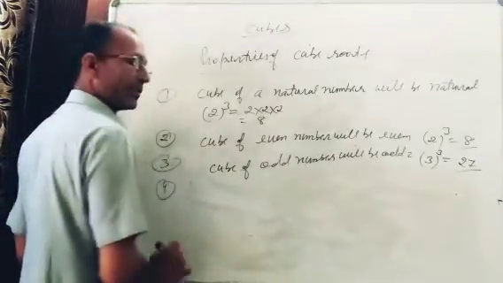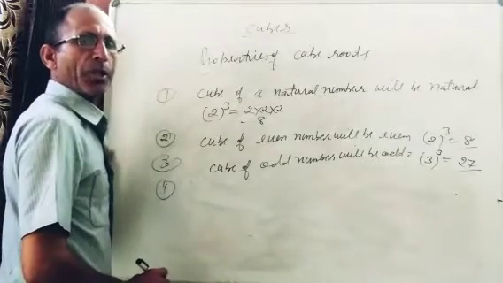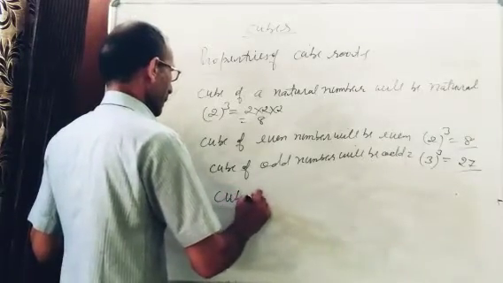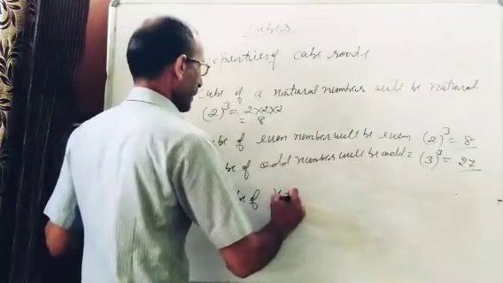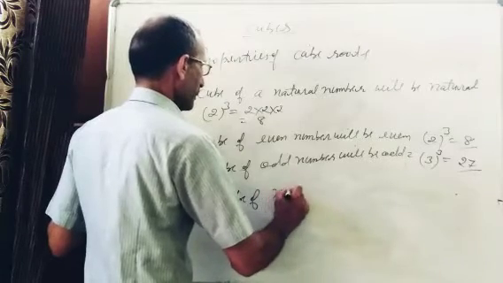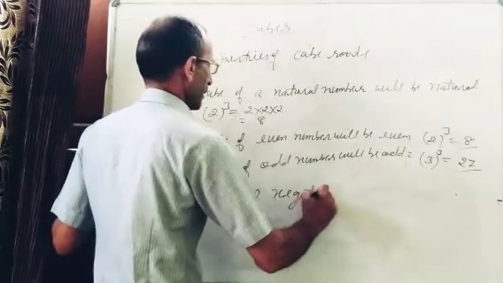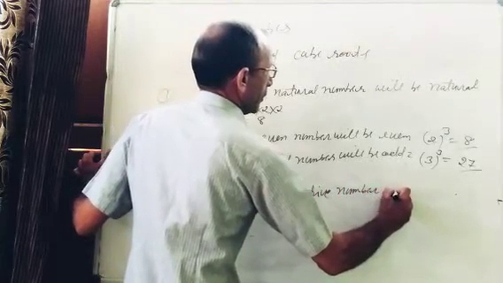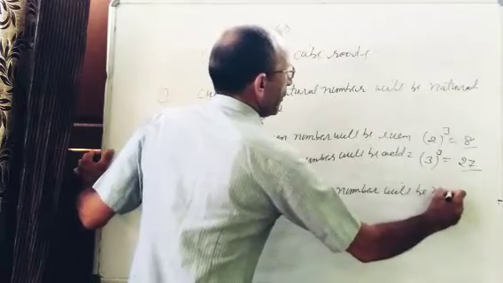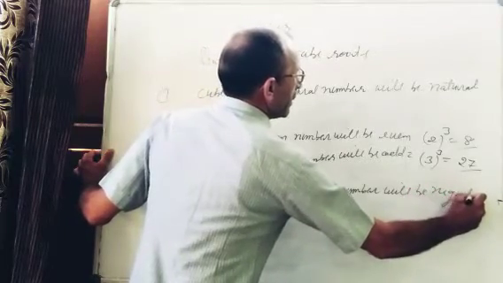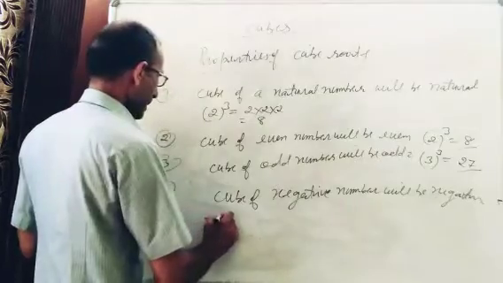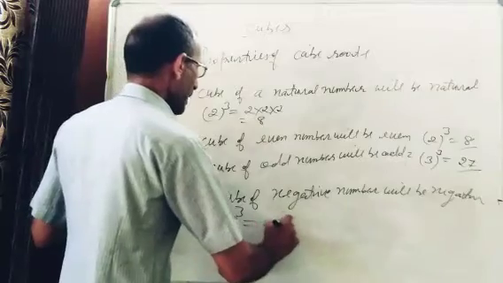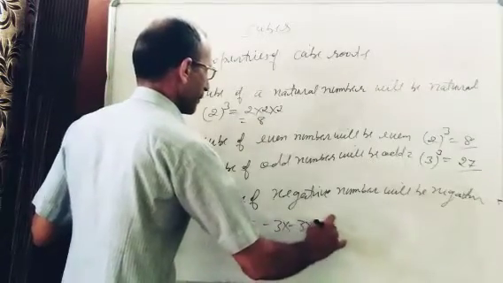Next, the cube of a negative number will be negative. Minus 3 cube means minus 3 multiplied 3 times.